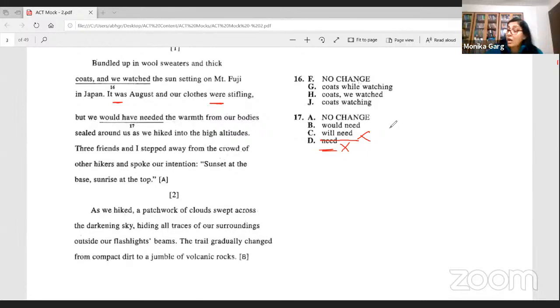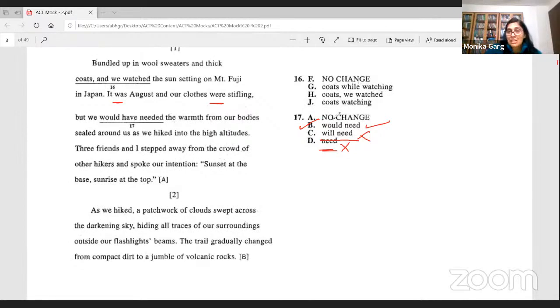So this we call future in the past, as in since that did not happen at that point in time, it was a thing of future. And since now it is past, you will say would and not will. So the answer has to be B. And this is not a subject verb agreement question because you did not have to choose between a singular plural thing. This was a pure tenses question because you had to choose the correct tense here.